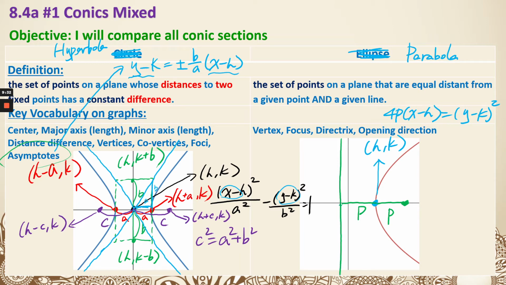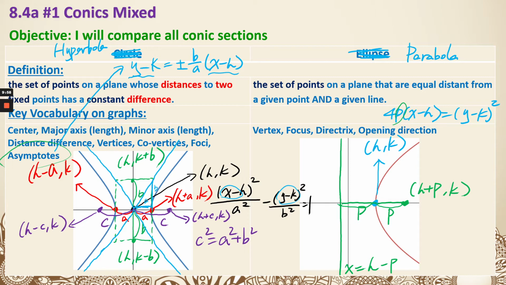Since this distance is p, and that's (h, k), my focus would be (h plus p, k). My directrix would be x equals h minus p. Opening direction: if p is greater than 0 in this graph, it's going to the right. If p is less than 0, it's going to be opening to the left.